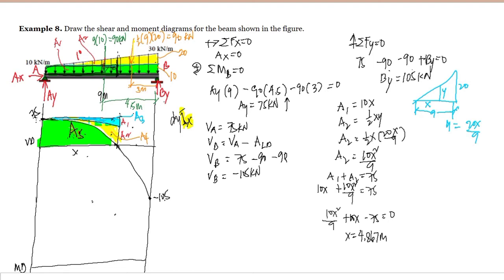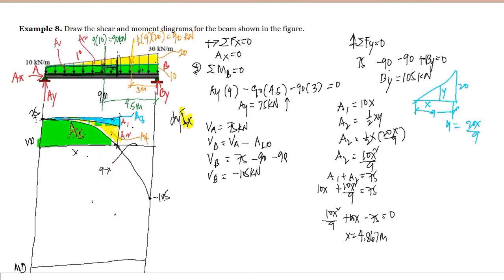Magagamit lang natin yung squared property of parabola if we have just the spandrel and the parabola. For this naman, kailangan mapasara natin siya. This distance here is actually 9 minus x.